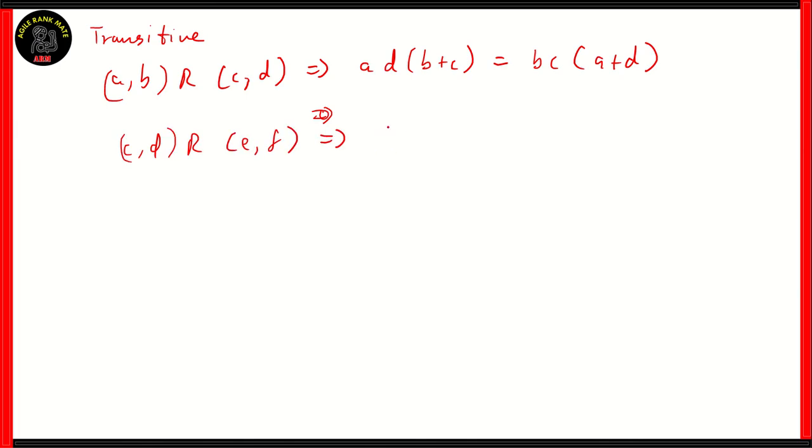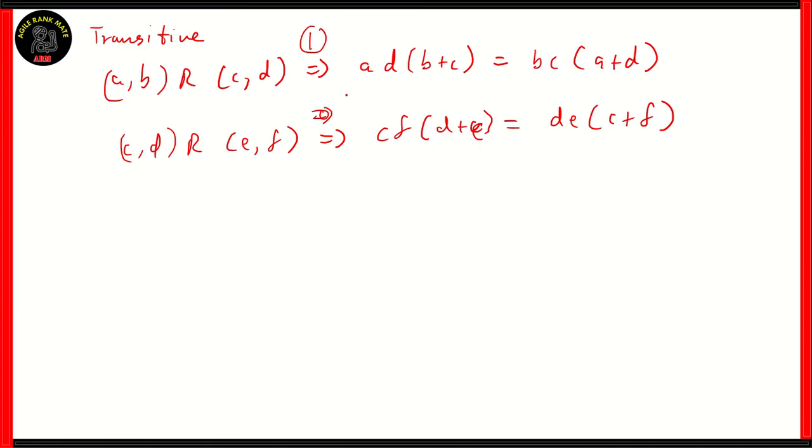Now that gives us CF times D plus E equals DE times C plus F. All right, so over here we would have to multiply them.